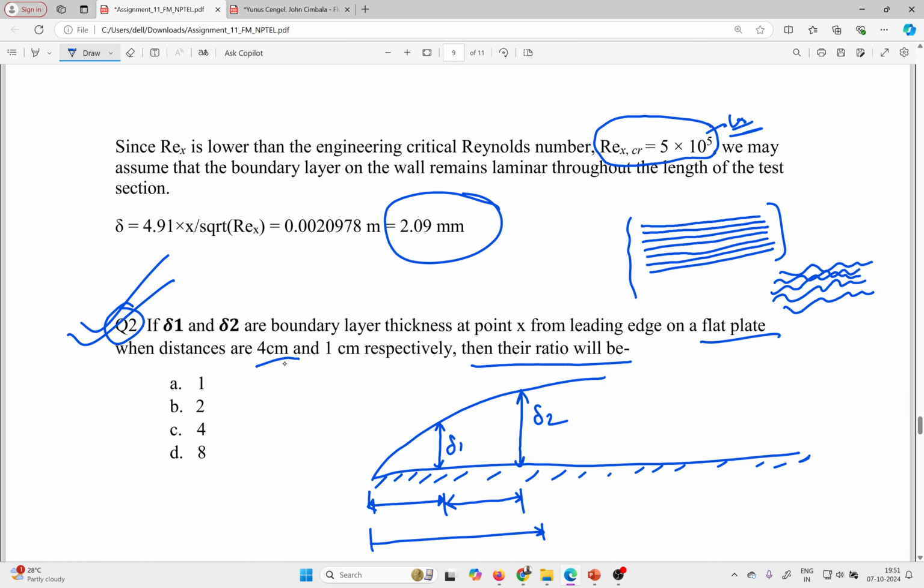At 4 centimeter definitely your delta will be more, so the naming should be like that: delta 1 and delta 2. So this is 1 centimeter and this is 4 centimeter, because definitely at 4 centimeter your boundary layer thickness will be more. So what is the ratio between delta 1 and delta 2?